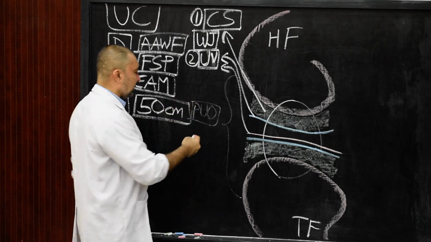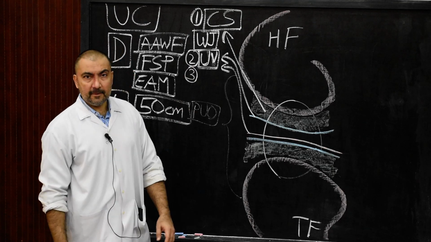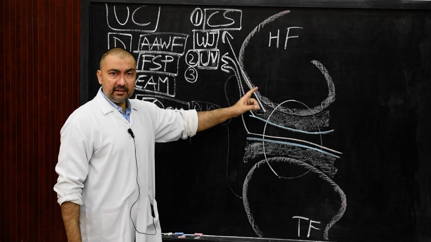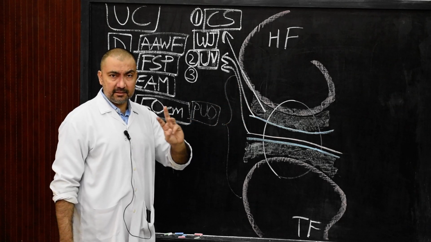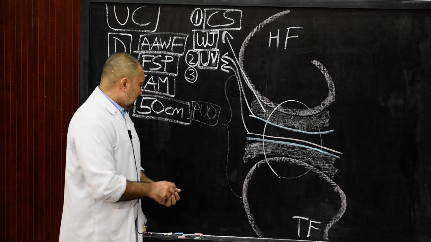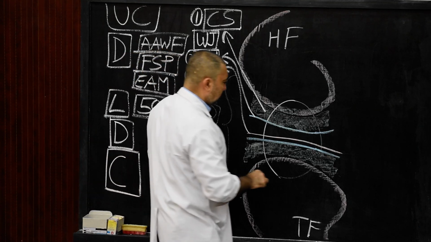Now content number 3. We are coming to content number 3. Content number 1 was connecting stalk or Wharton's jelly. Content number 2, umbilical vessels. Content number 3. During the folding, now here I will show you the folding.